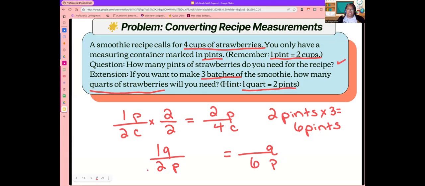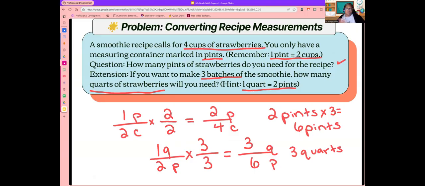Going from 2 to 6, we're going up, so we need to multiply. 2 times what gives us 6? Well, 2 times 3 gives us 6. Doing the same thing to the numerator, multiply by 3. 1 times 3 equals 3. So in this case, we will have 3 quarts of strawberries, which is the same as the 6 pints.